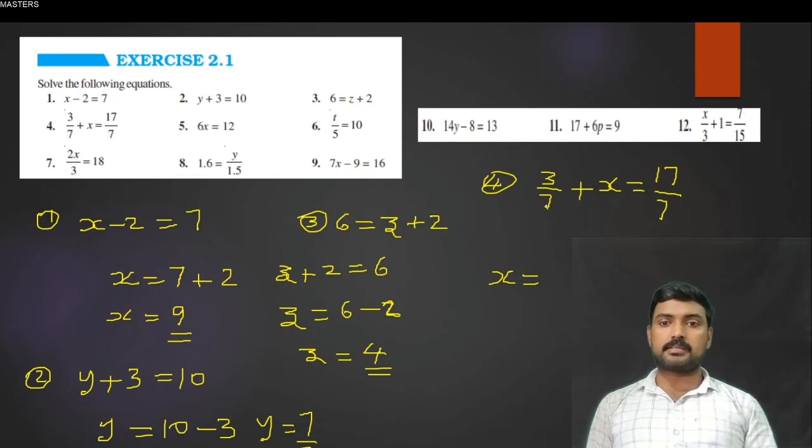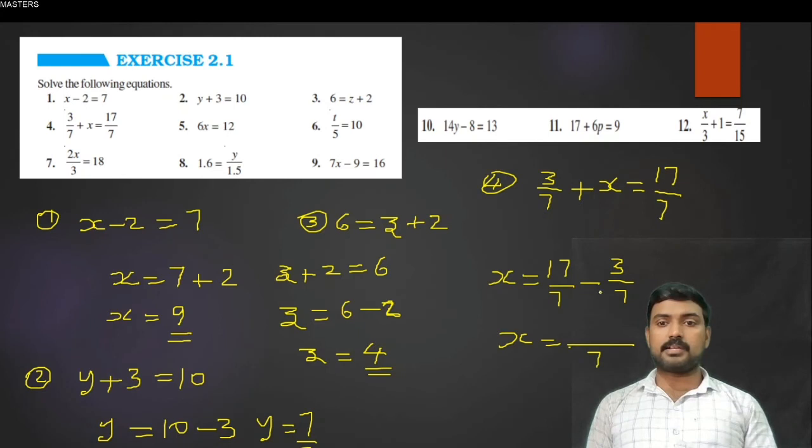The remaining 3 by 7 is transposed to the right side. When we transpose a term, the term already given on the right side should be written first. So we write 17 by 7 first. Later this 3 by 7 is transposed to the right side, and we get minus 3 by 7. So we get the answer x is equal to, this is the subtraction of fractions, the denominators are the same, so the same denominator 7 can be written here.